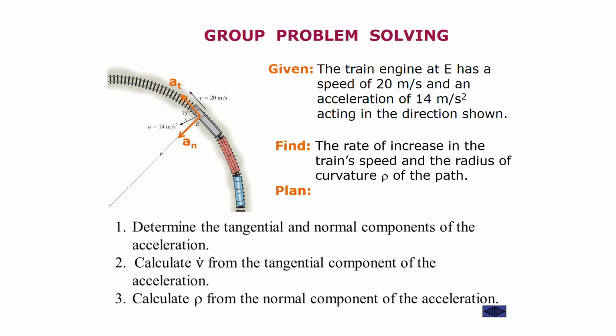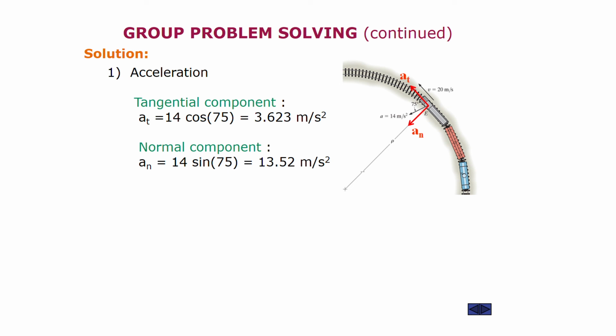First, you have to find the tangential and the normal components of the acceleration. Then calculate v dot and calculate the radius of curvature. The radius of curvature in this case is not given, which is why you have to calculate it. So first, the accelerations.